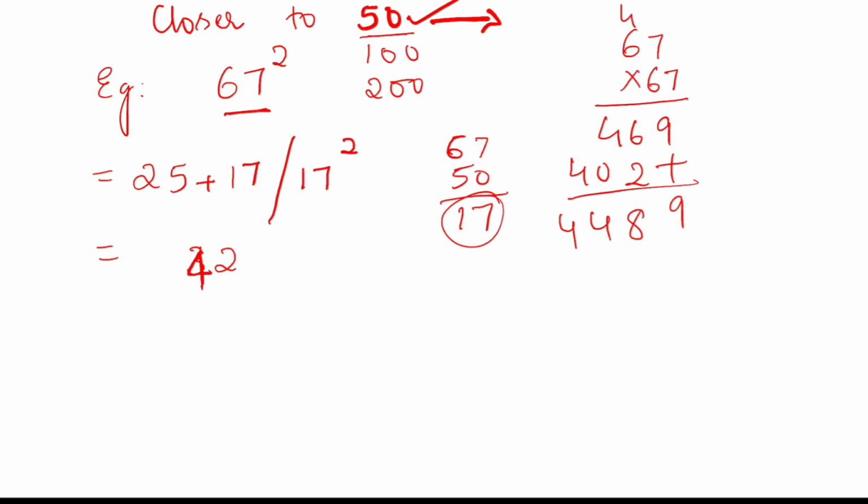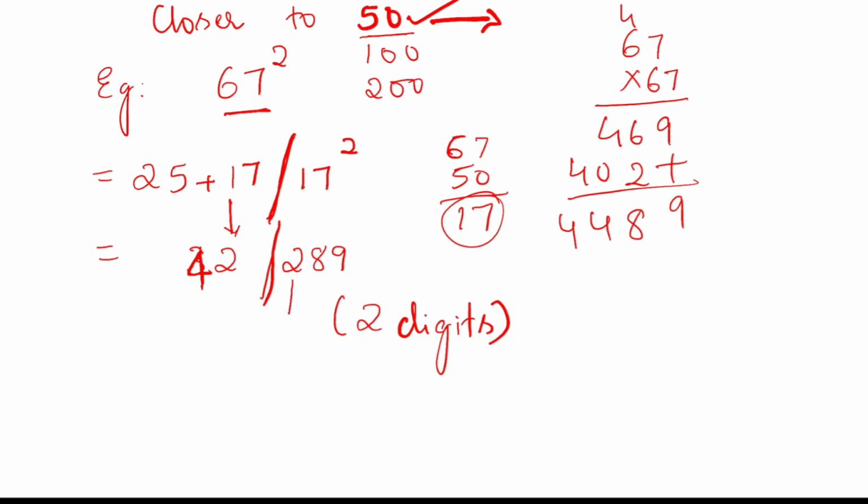Write it down here. Next, 17 square is 289. But after this bar, we should have only 2 digits. Only 2 digits are allowed after this bar. But there are 3 digits here. So what do we have to do?